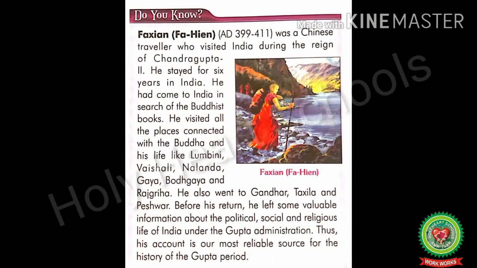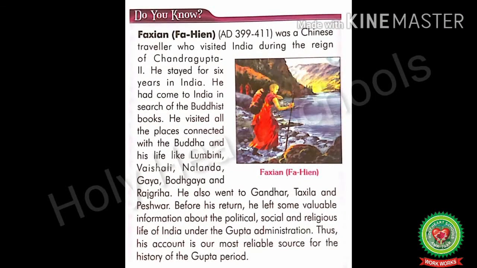Fa-Hien, AD 399 to 411, was a Chinese traveller who visited India during the reign of Chandragupta II. He stayed for 6 years in India. He had come to India in search of Buddhist books. He visited all the places connected with the Buddha and his life, like Lumbini, Vaishali, Nalanda, Gaya, Bodh Gaya and Rajgir.